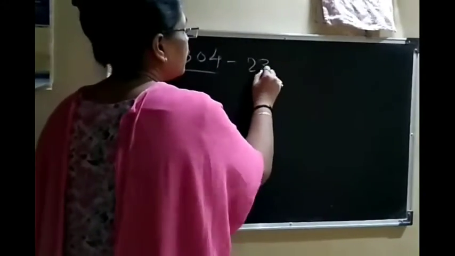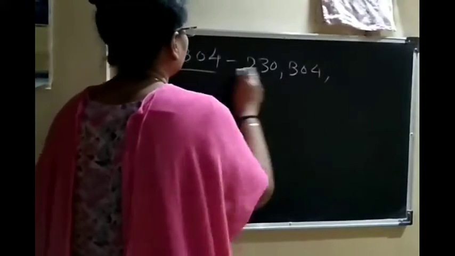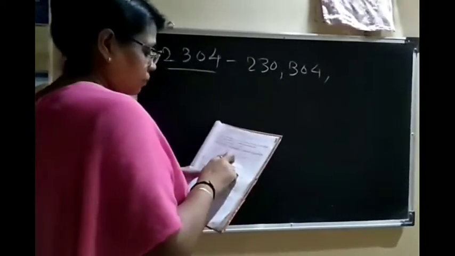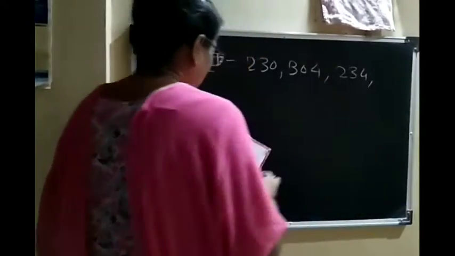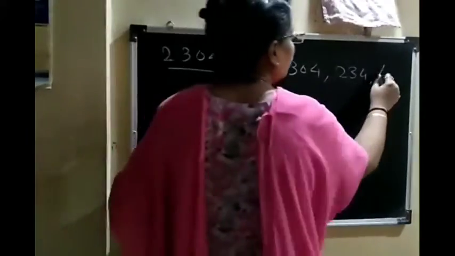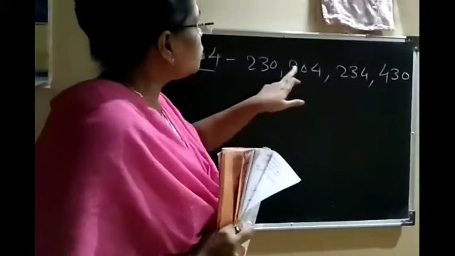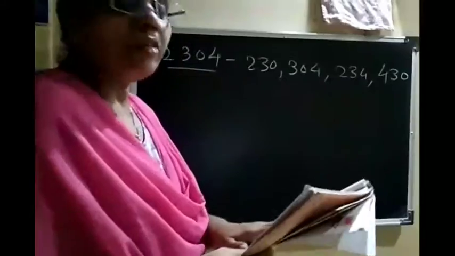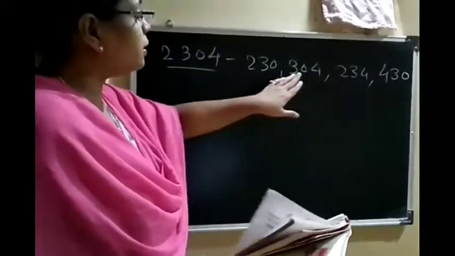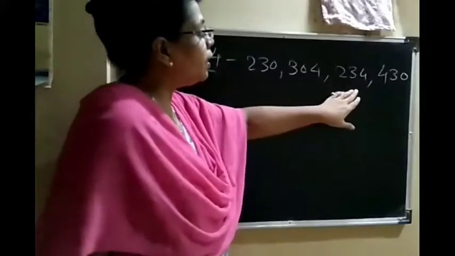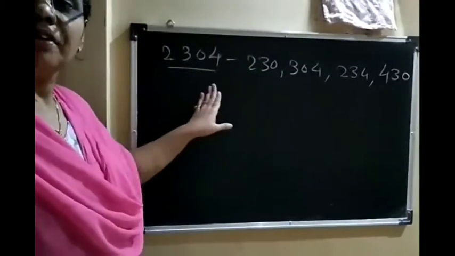So first we will take 230, then 304, then 234, and the last is 430. These 4 figures they have given as a guideline: 230, 304, 234, 430.